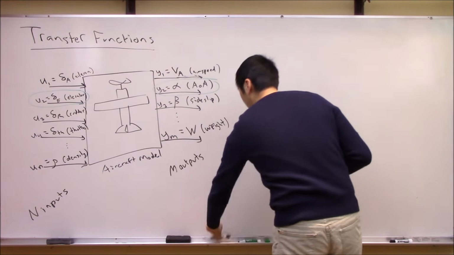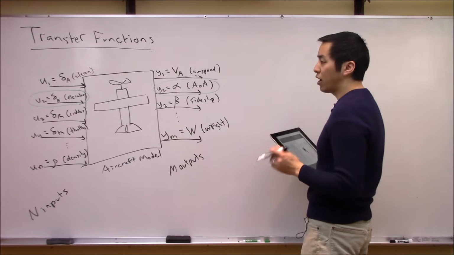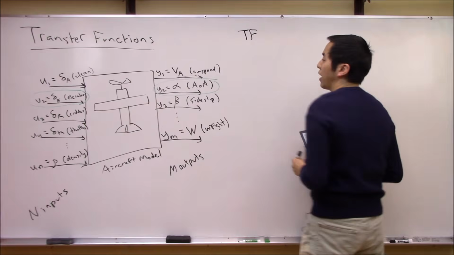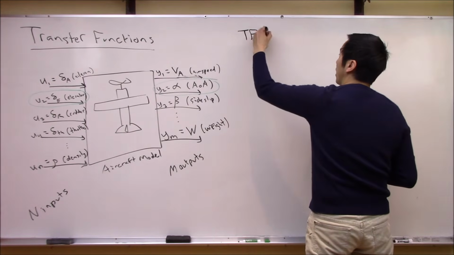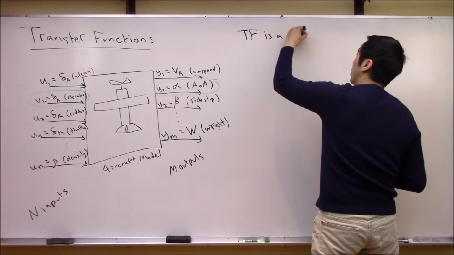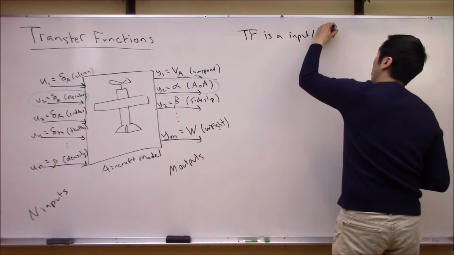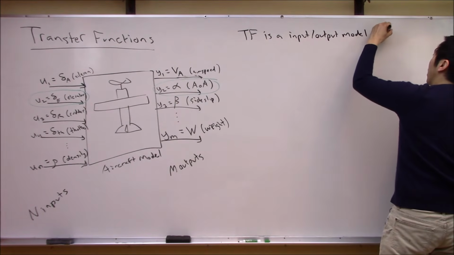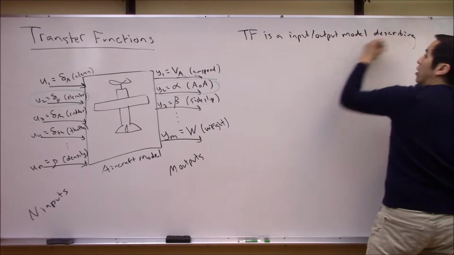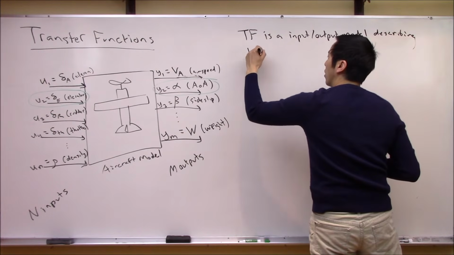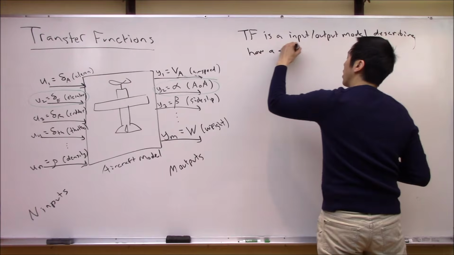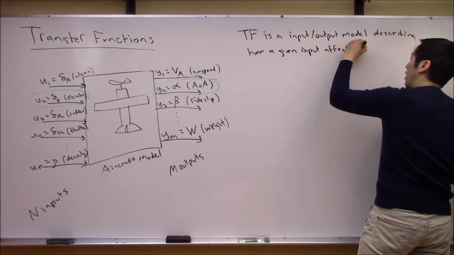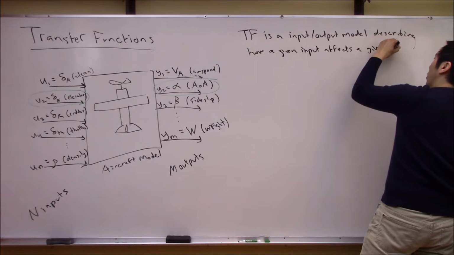All right. So what we typically talk about with a transfer function, or let's abbreviate this as TF here, is an input-output model describing how a given input affects a given output.